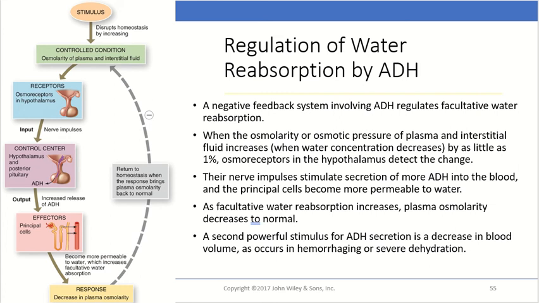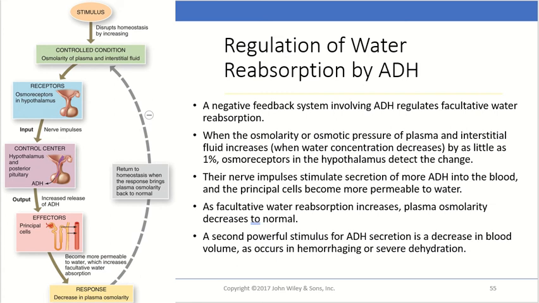Their nerve impulses are then going to stimulate the secretion of ADH into the blood, and the principal cells are going to become more permeable to water. So as facilitative water reabsorption increases, blood or plasma osmolarity is going to therefore decrease to a normal level.